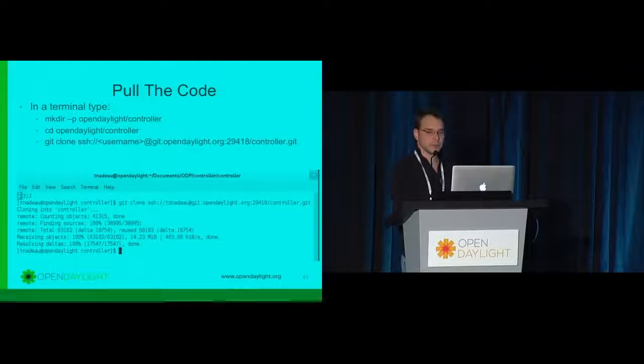I should have just put all this in a script so you could have all the commands. These commands are on the wiki too, by the way. Sorry, you can't cut and paste from the projector. We're working on that for the Helium release. You got it? All right.